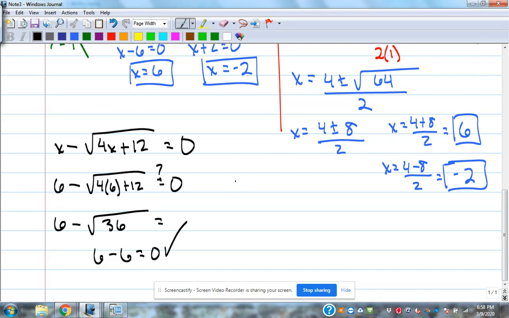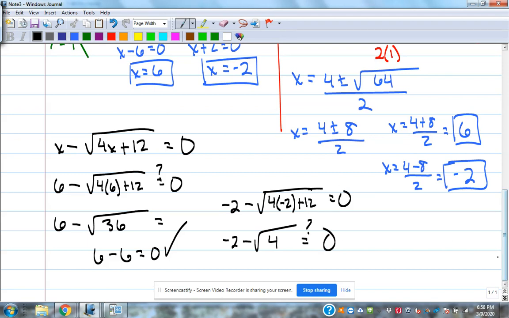All right, so I'm going to plug in -2. -2 minus the square root of 4 times -2 plus 12. So it's going to be -2 minus square root of 4. Question is, does that equal 0? That's what we're trying to check.